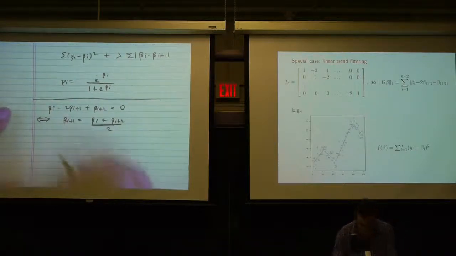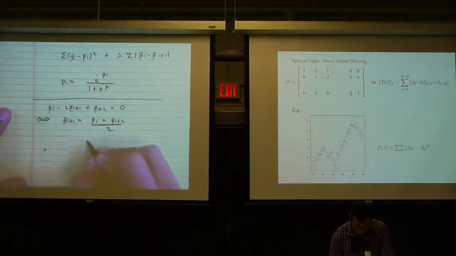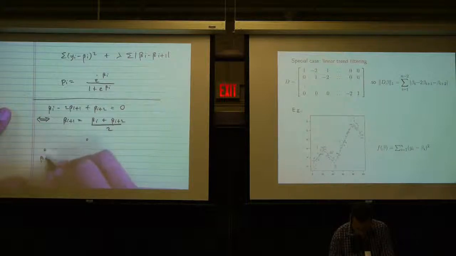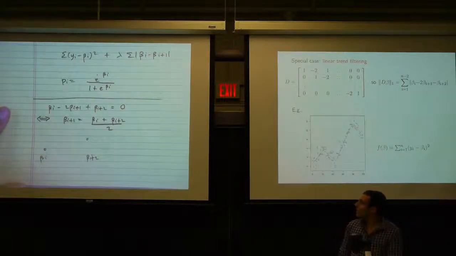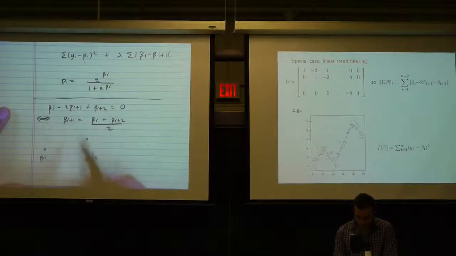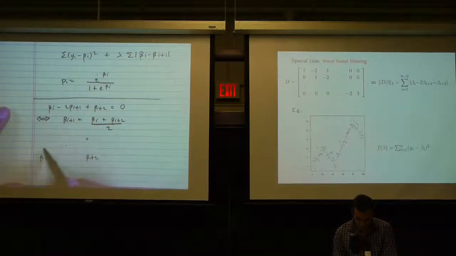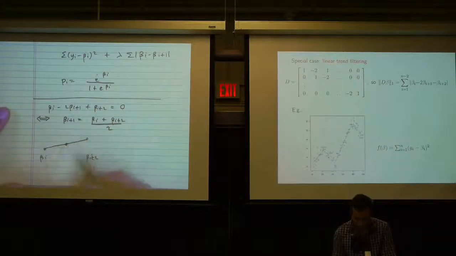Or in other words, if I have beta i sitting here and beta i plus 2 sitting here, then I get a 0 for the ith term in that sum if and only if beta i plus 1 is on the line that's joining its neighbors.